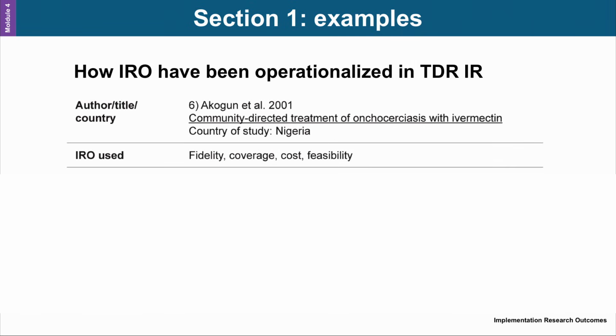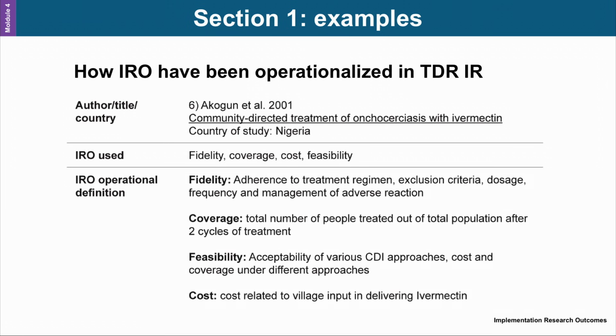In the last example, Akugun and colleagues assessed strategies for community-directed treatment of onchocerciasis with ivermectin in Nigeria. The study evaluated fidelity, coverage, cost, and feasibility as its implementation research outcomes. Fidelity in this study was measured as appropriate adherence to the treatment regimen, correct dosage and treatment frequency, and the correct management of adverse reactions to medication.